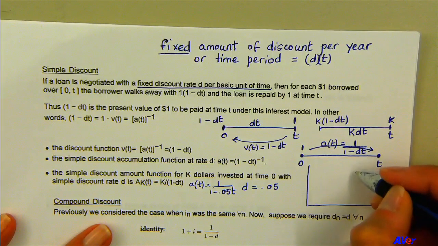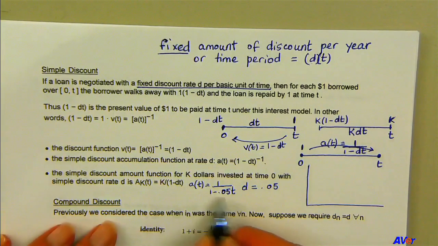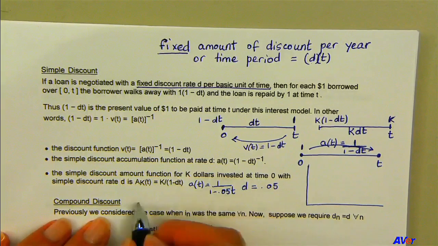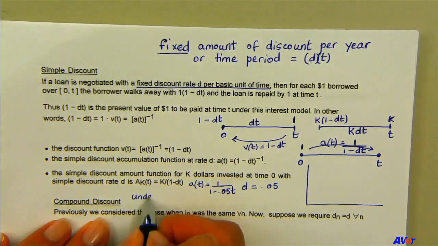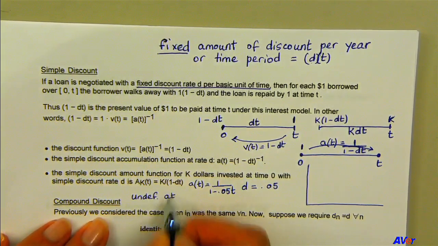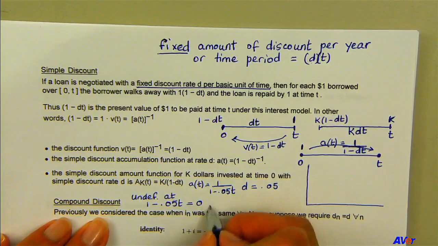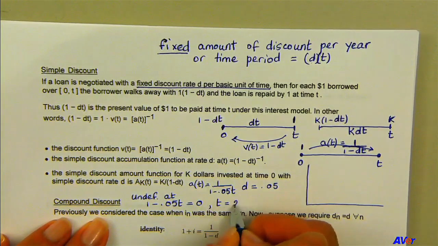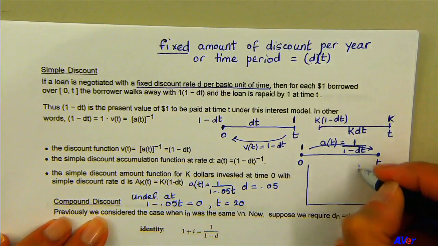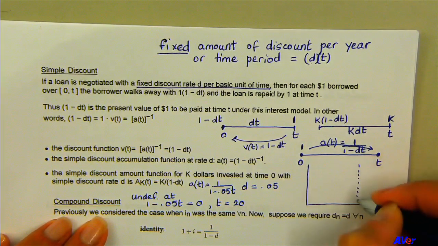Let us take this denominator and set it equal to 0 to see where this function would be undefined. So undefined at 1 minus 0.05t equals 0. I'm setting the denominator equal to 0, and I get t equals 20. So at t equals 20, this thing is going to be undefined.